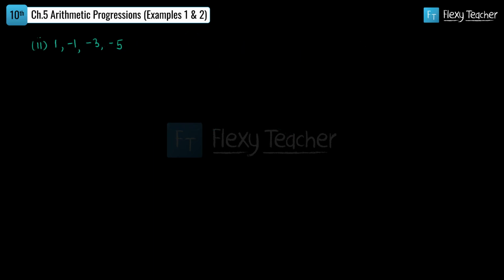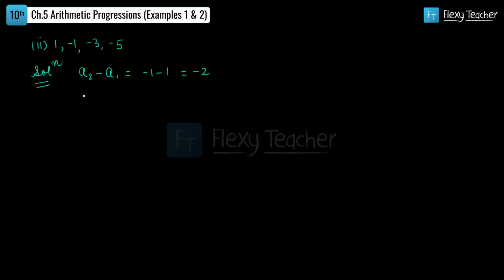Sum number 2. The given sequence is 1, minus 1, minus 3 and minus 5. Let us see if this is an arithmetic progression. These are A1, A2, A3 and A4. First we will do A2 minus A1. So minus 1 minus 1 is equal to minus 2.